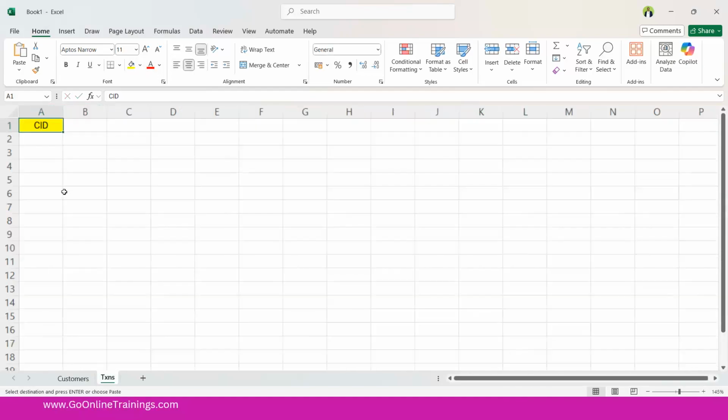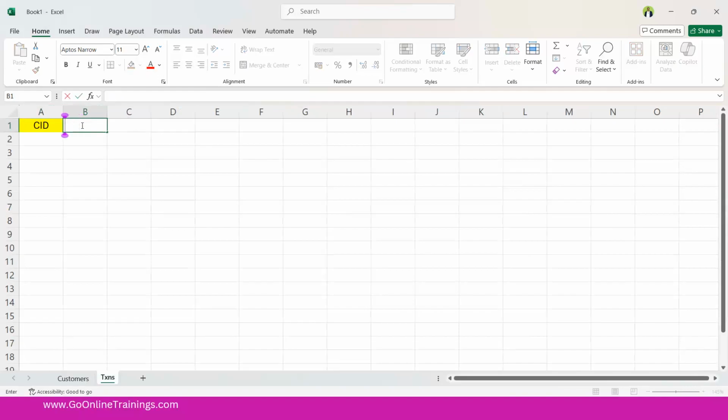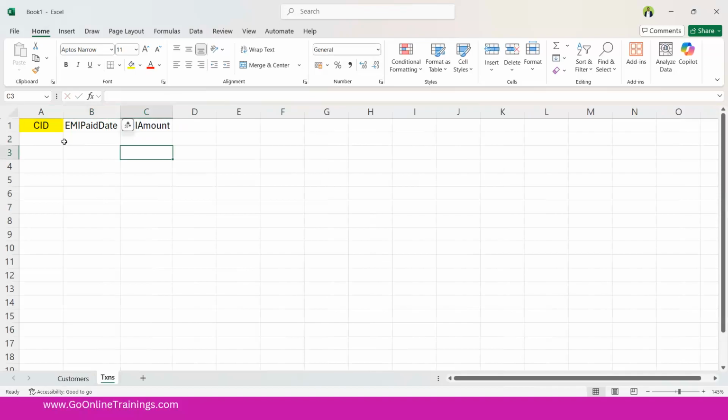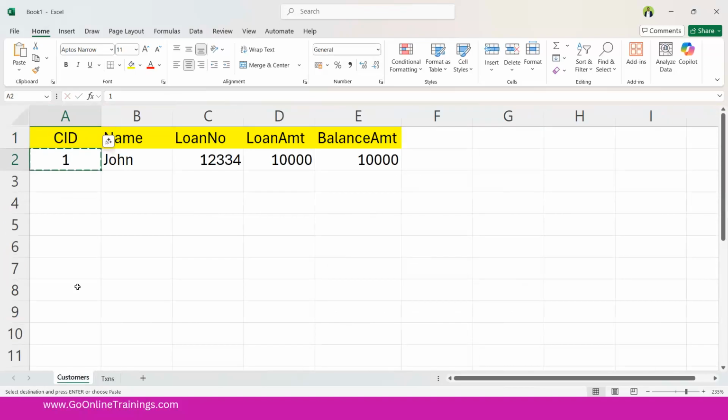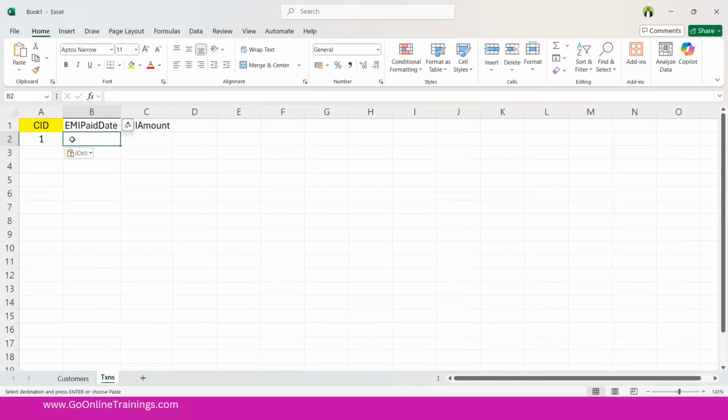I'm going to have the EMI paid date, then EMI amount, like that, I'm going to be writing some data, right? So now I try to implement. Customer number one has paid, let us say, 500 rupees or 1000 rupees on some date, let us say December 10th, 2021.